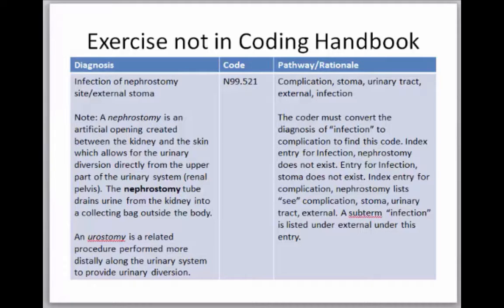And then when you go, there is no infection to a nephrostomy, no infection for a stoma, so that would again make you consider using complication as your main term, and then going down for the stoma. And when you finally get to it, there is an infection as a subterm that allows you to find this code.